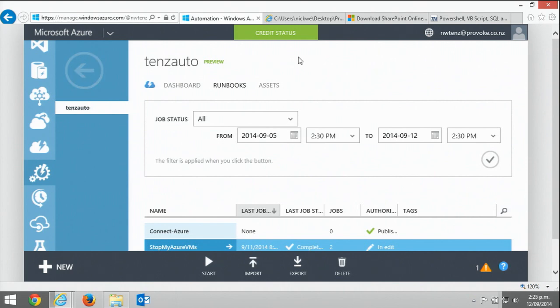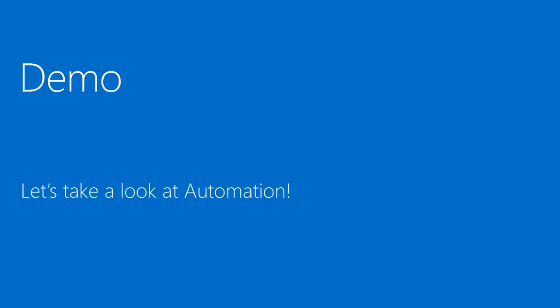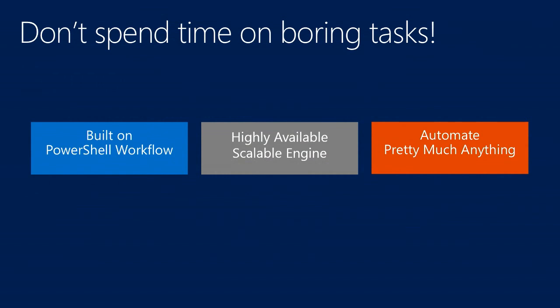So, hope you found that interesting. So as you can see, it's incredibly powerful and flexible and extendable. Can do pretty much whatever you want. So don't spend your time on boring tasks. Azure Automation is there to handle all that stuff in your Azure environment if you need it to be.